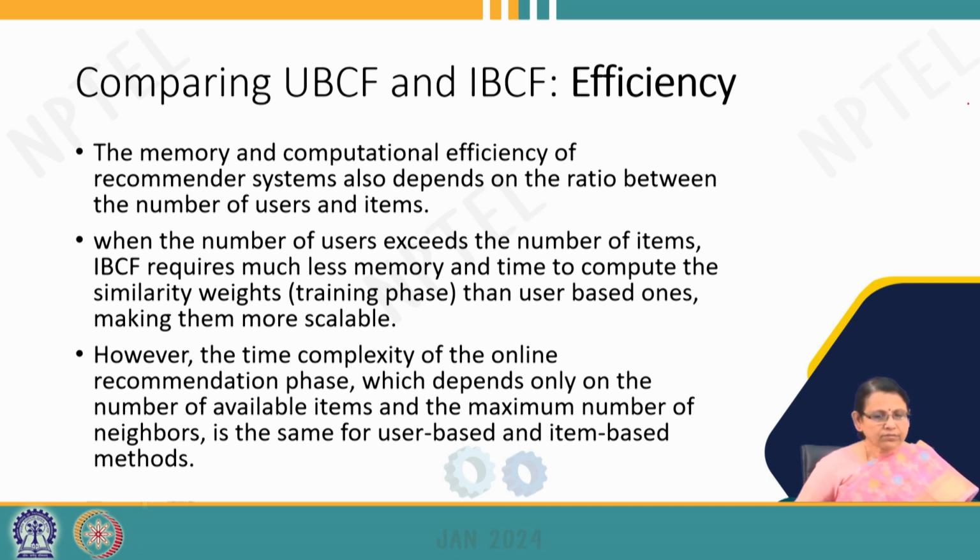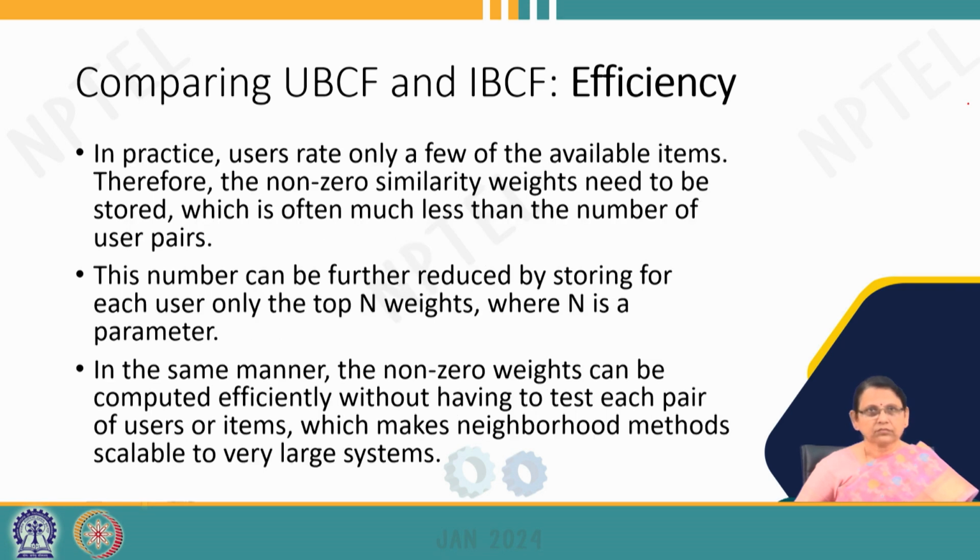Now, if we look at the time complexity, in the online recommendation phase, both the user based and item based methods are going to take the same time, because similarity computation is something which happens in the offline setting. And IBCF requires less memory and time because the number of items is less.